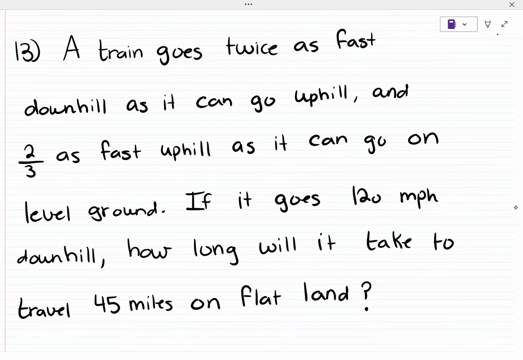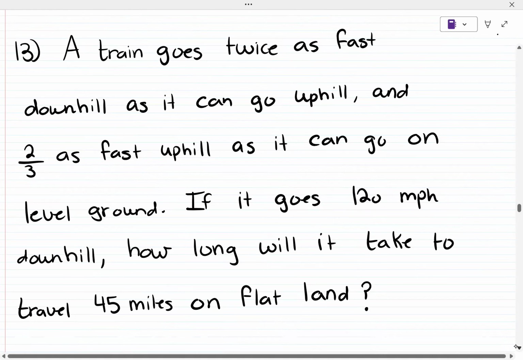So question 13 says a train goes twice as fast downhill as it can go uphill, and two-thirds as fast uphill as it can go on level ground. If it goes 120 miles per hour downhill, how long will it take to travel 45 miles on flat land?